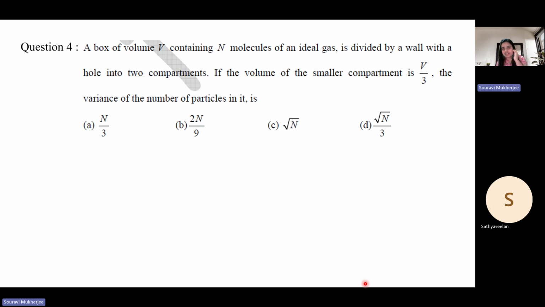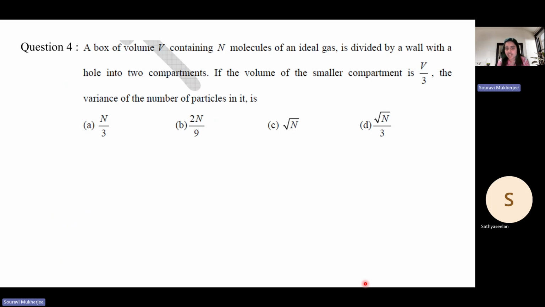But now that particle can either stay in this compartment or that compartment, and the volume of the smaller compartment is 1/3. So do you agree that now the probability of finding the particle in the smaller compartment is 1/3, right? So that's the probability of the particle being in the smaller compartment.